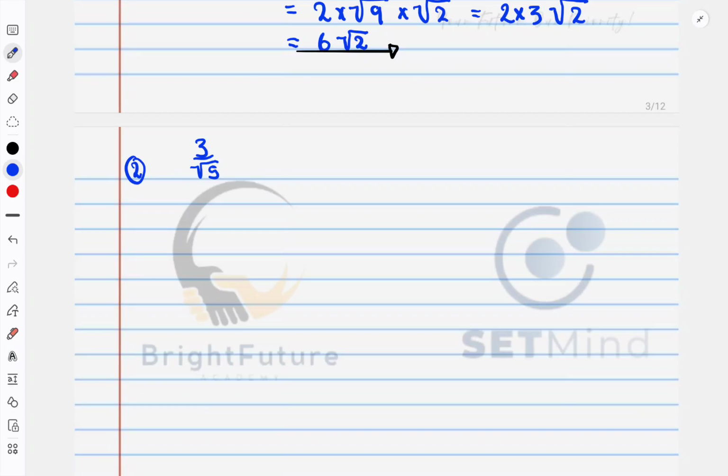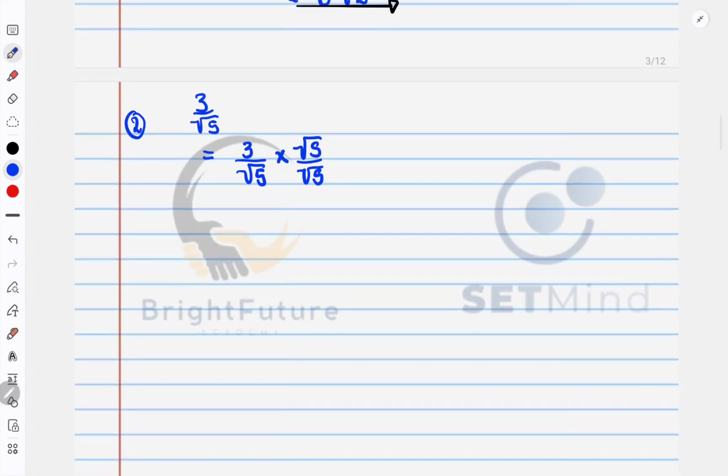And one way to do that is what? We have to multiply the fraction by root 5 over 5. And in doing so, we are not essentially changing anything, because root 5 over 5 is equal to 1. So multiplying something by 1 doesn't change anything. We're still going to have the same fraction.